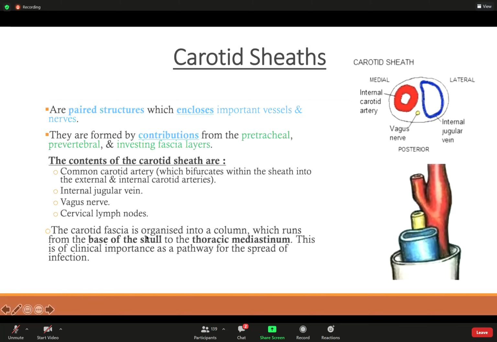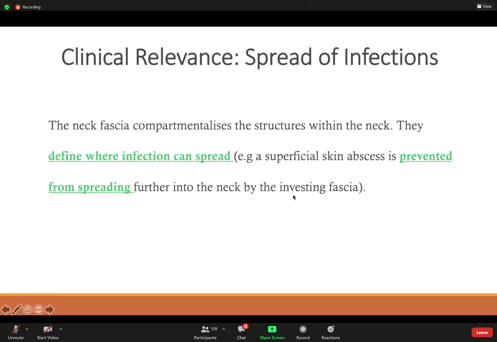This fascia also extends all the way from the base of the skull to the thoracic mediastinum. This is a very important point. That means it could be a pathway for infection, so infection can travel from this region all the way to the thorax. This is also because this sheath acts as a tube. It can limit the spread of infection to only this region, so it doesn't go out of it.